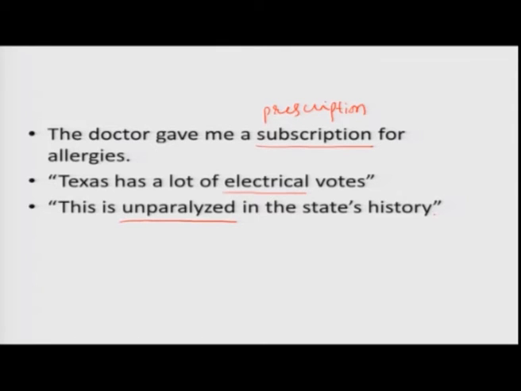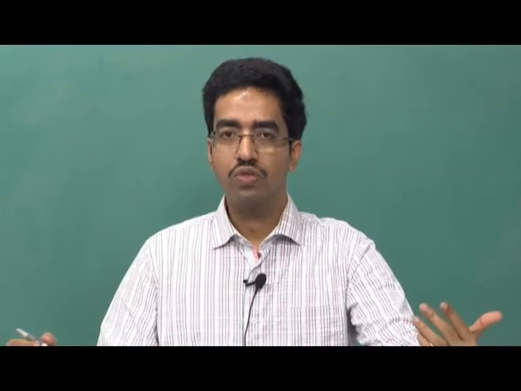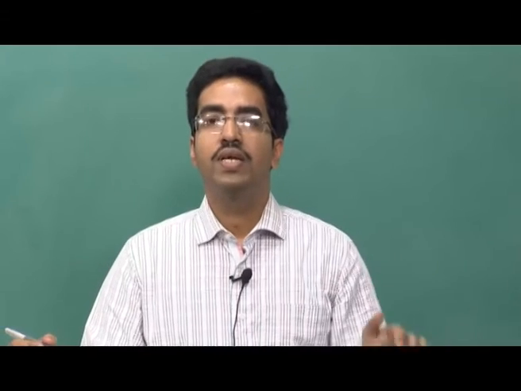You probably want to say unparalleled in the state's history, but you have used something else. So, you need to be careful about malapropism. Consult a dictionary if you are in doubt, and use words in a very careful manner.